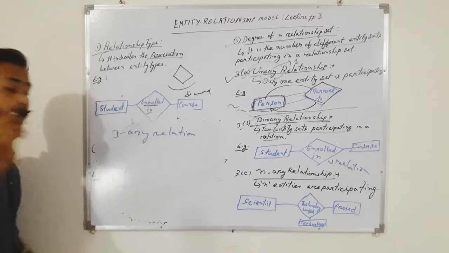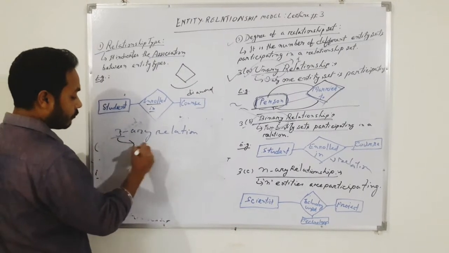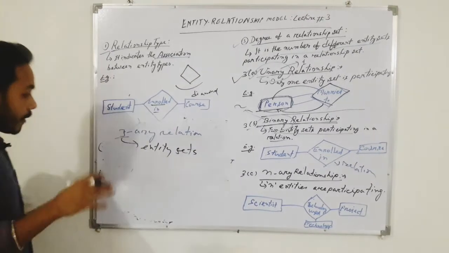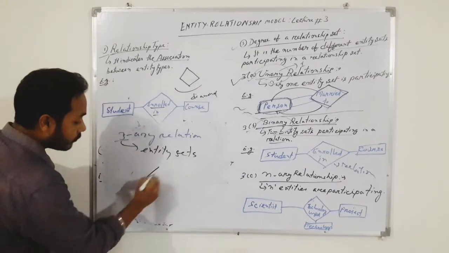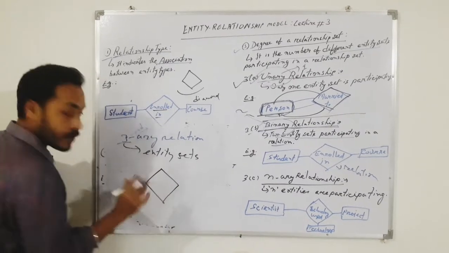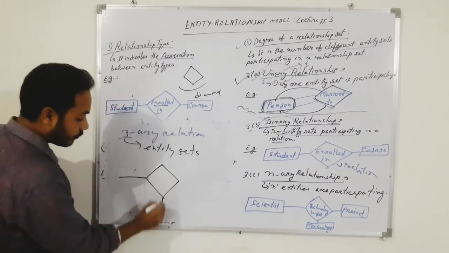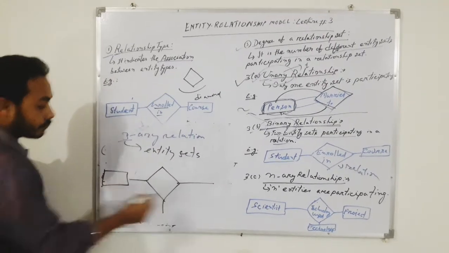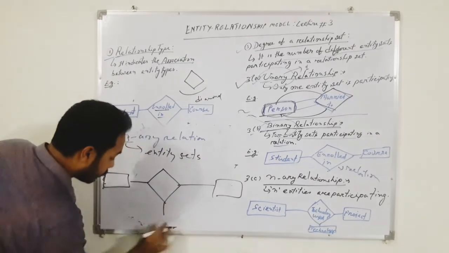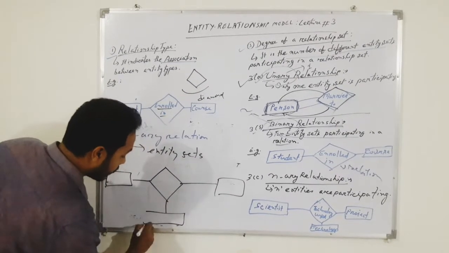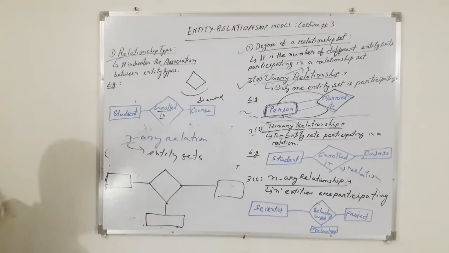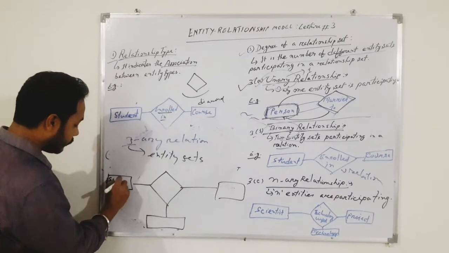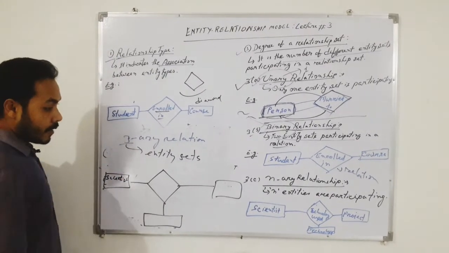It means that there will be 3 entity sets. One relation will be there, and there will be 3 entities.